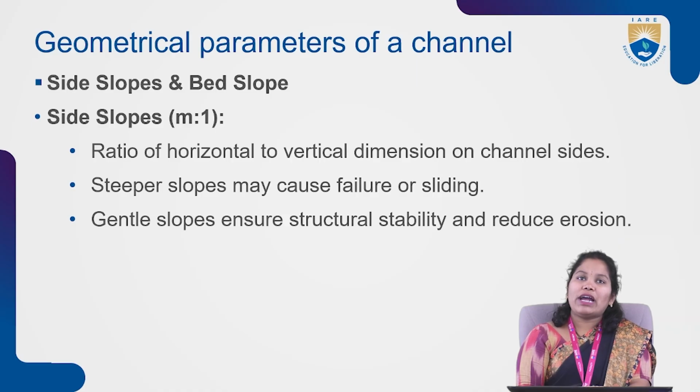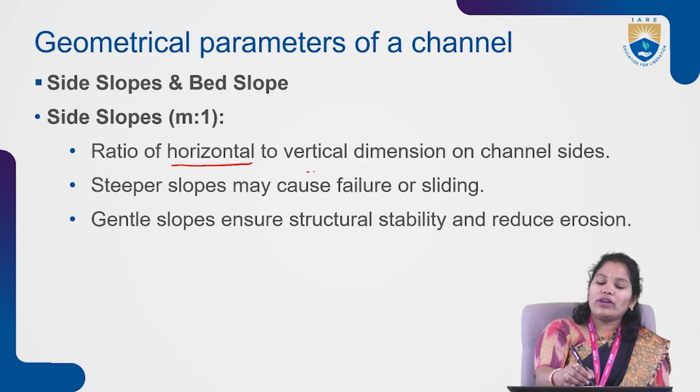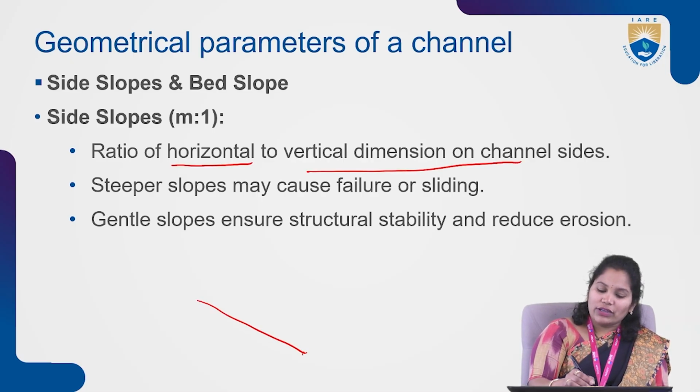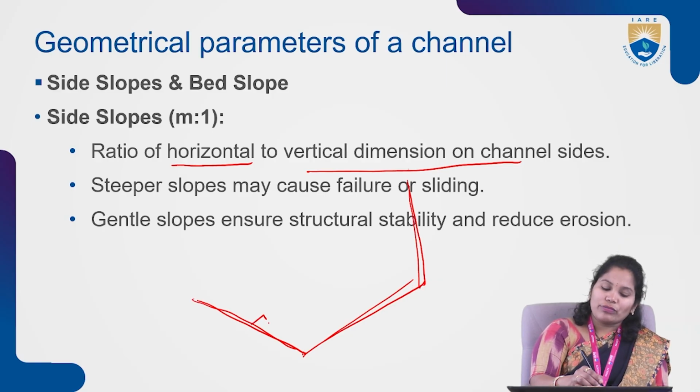Now, side slope and bed slope, right? Side slope is the ratio of the horizontal and vertical dimensions of the channel sides. If this is your trapezoidal channel, this is the side slope.